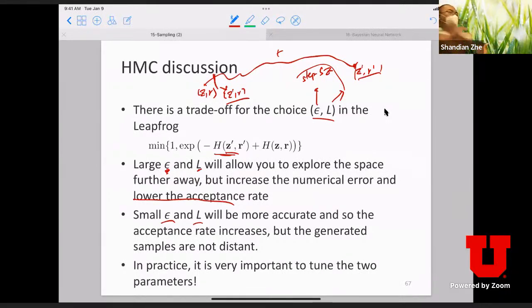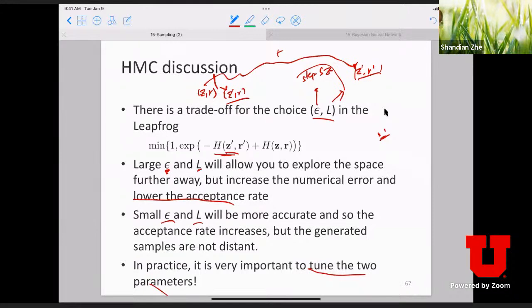The acceptance rate is very high, maybe 0.99. But the price is that your new state will be very close to the current state, so exploring the whole sample space is not very efficient. So there's a trade-off, and in practice it's very important to tune the two parameters.